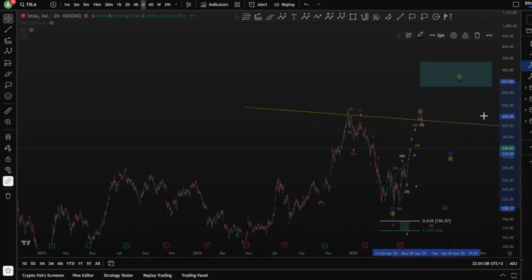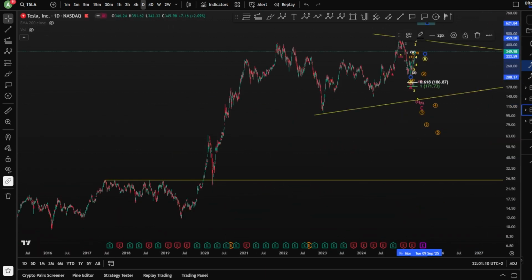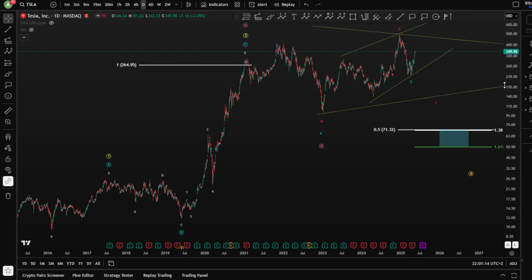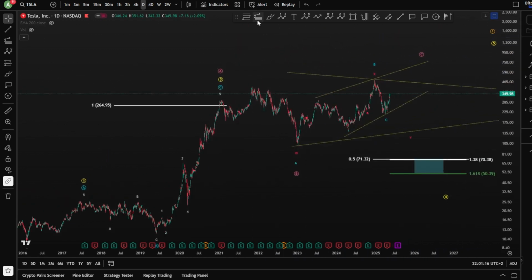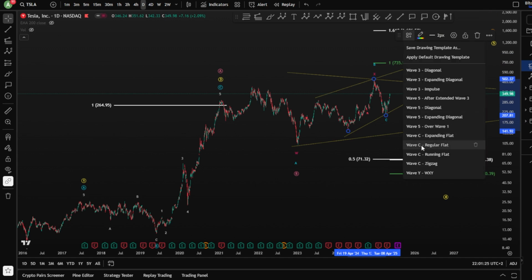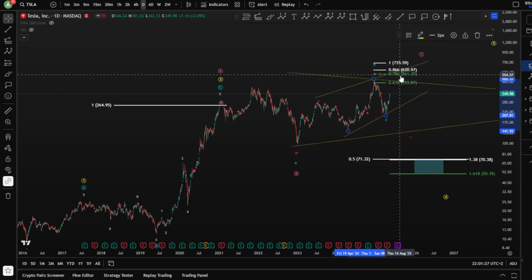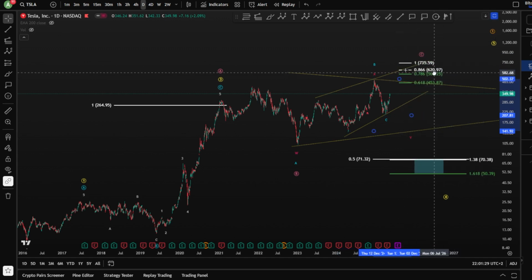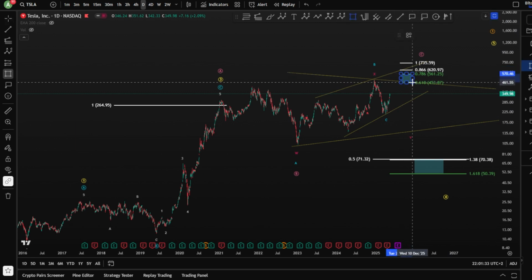Now, if we take back as well, sorry, I'm going back and forth on the time frames, but it's very important for the target. So the main target for this leading diagonal is, of course, following wave 5 as a diagonal. All right, so basically this is our target.